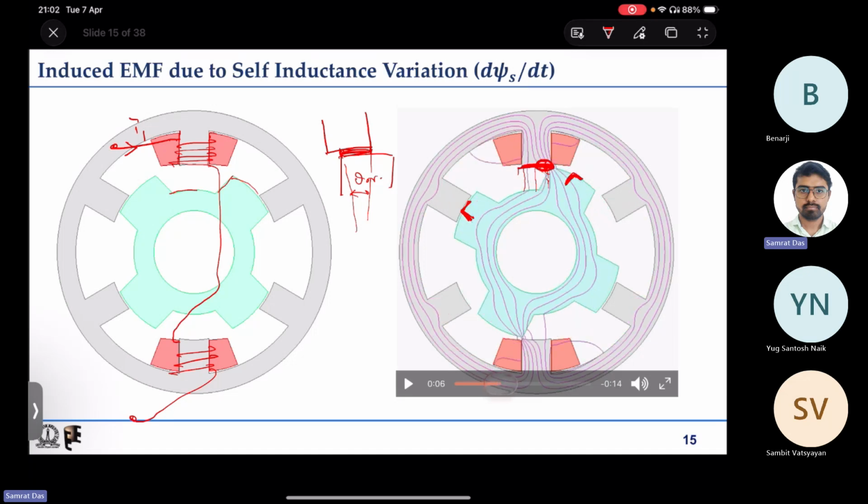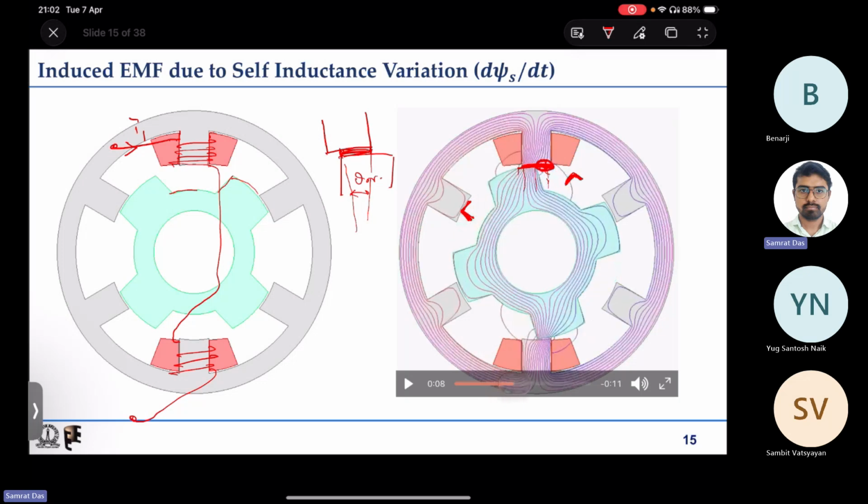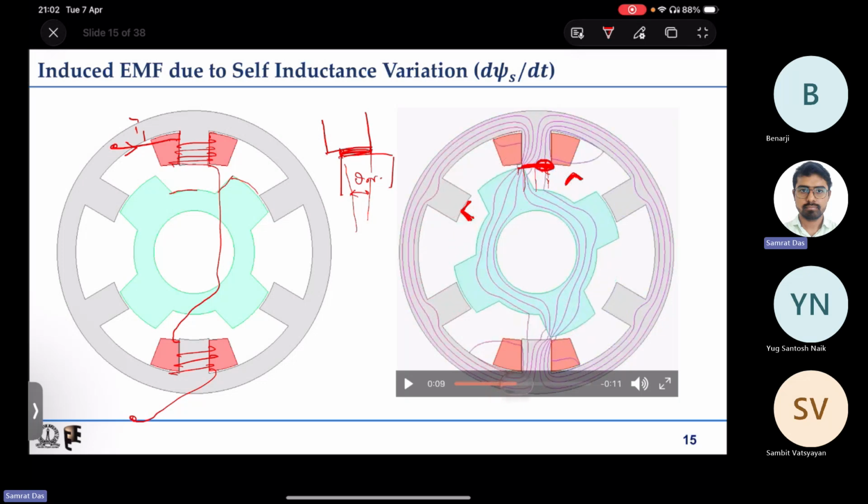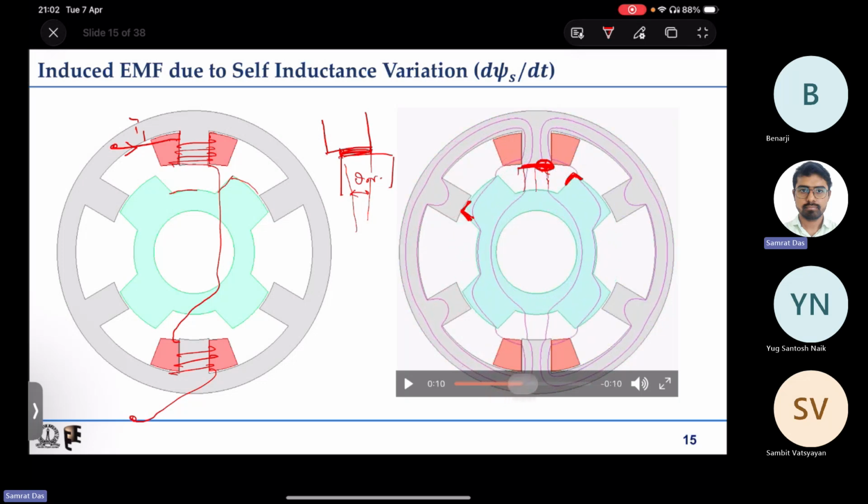Next, again the same thing will follow, and the pole with which we started has actually come here. So the rotor has not yet made a full rotation.